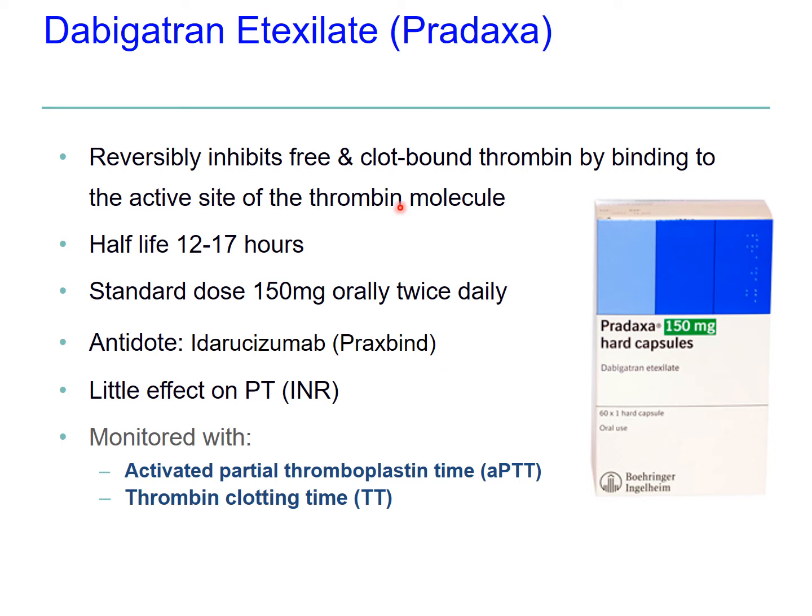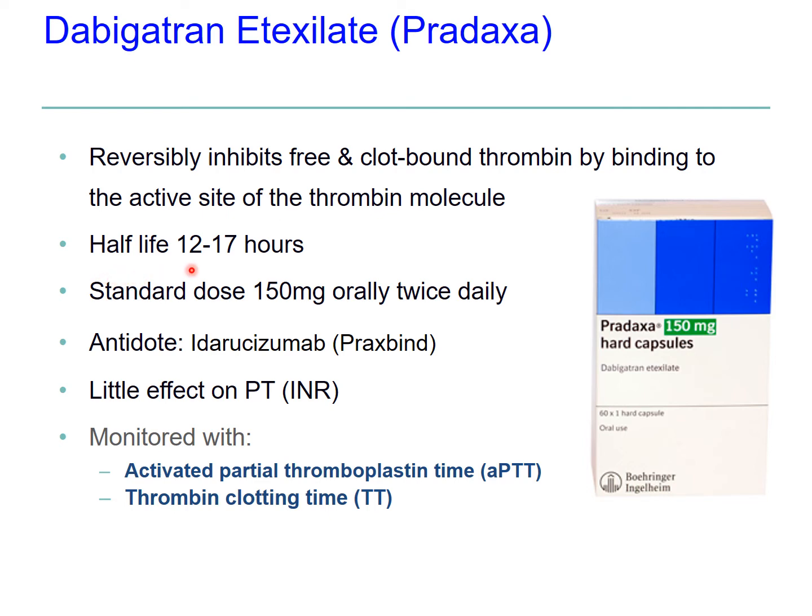So you would know from your knowledge of the clotting cascade that if thrombin activation is impaired, it would no longer be able to activate fibrinogen in the blood plasma, thereby preventing the conversion of fibrinogen into fibrin polymer or the blood clot. So that's how dabigatran exerts its anticoagulant activity.